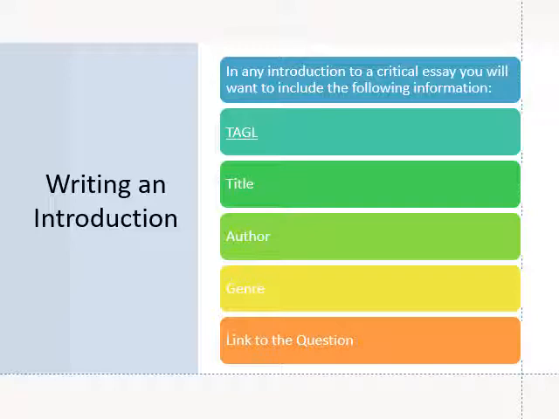These are the key elements that you want to include in any introduction. So for this essay, we'd expect you to say the title, Lamb to the Slaughter, that the author is Roald Dahl, that the genre is a short story, and that it's an unexpected short story, which will link in to the question.